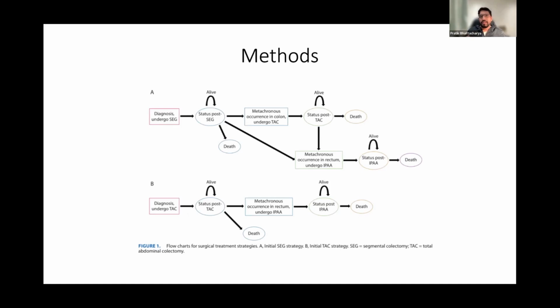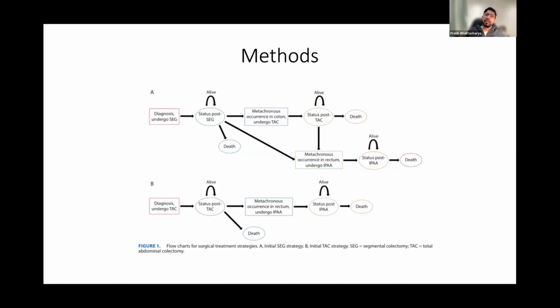Either they are alive, or they die, or they have a metachronous cancer, either in the colon when they will have a total abdominal colectomy, or in the rectum when they will have IPAA, and then again post resection status, they can be alive every year or die, depending on the statistics that the authors have used for rates of mortality and metachronicity.